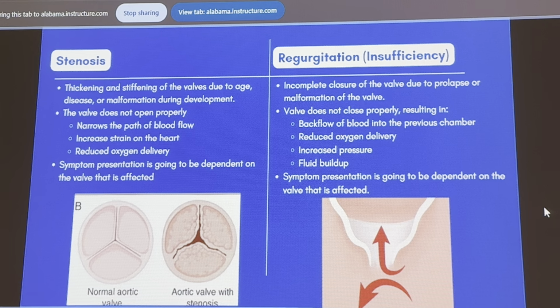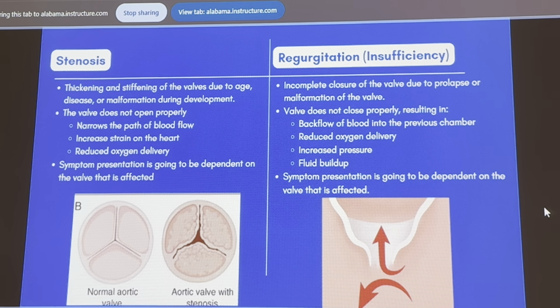Maybe they have stiffened up and they're not pulling back to open up that valve like they should, or those valves are stiffened, they're calcified. That's why it's not allowing that valve to fully open, allowing that blood to move further downstream.